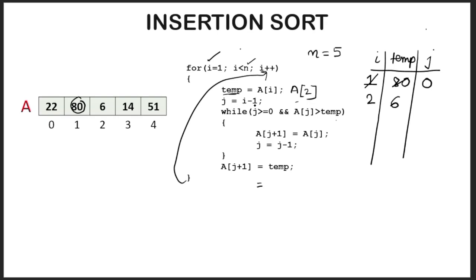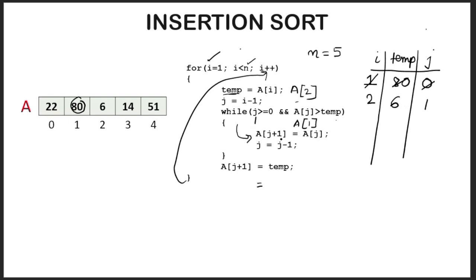So j is equal to I minus 1. What is I? 2. So j becomes 2 minus 1, that is your 1. So while j is greater than or equal to 0, yes, 1 is greater than 0. A of j is greater than temp. So A of j, that is A of 1, is it greater than temp? A of 1 is your 80. Is 80 greater than 6? Yes, it is true. So we will enter the body of the while loop.